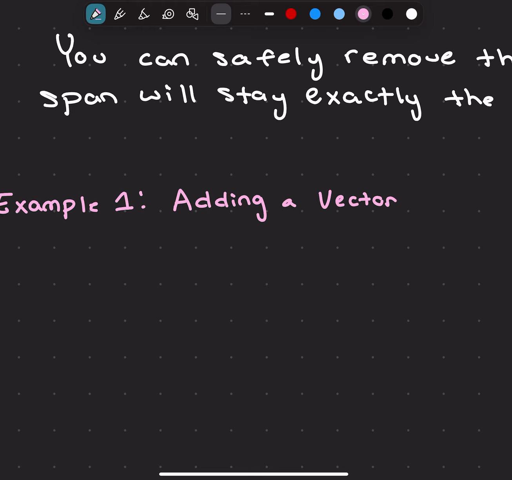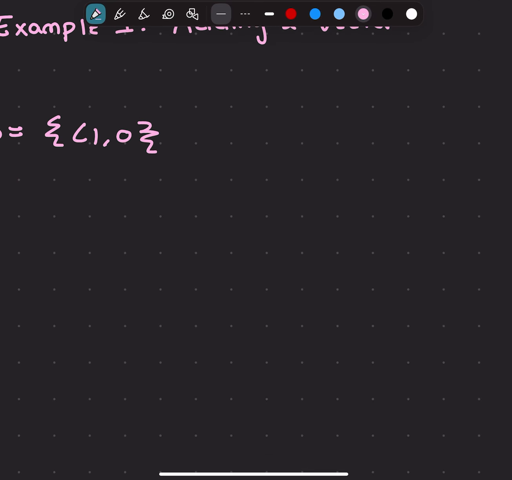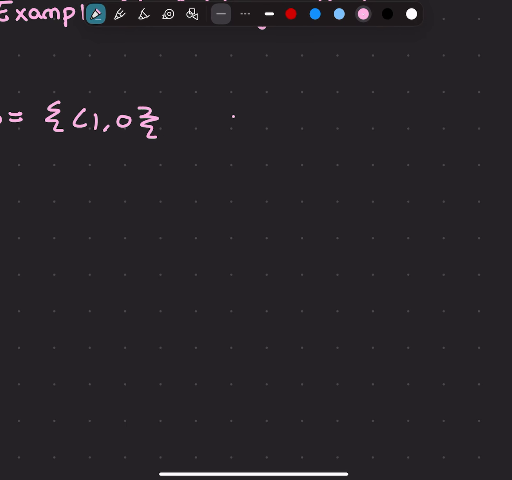Say we have a set S equals (1, 0), and we want to add vector v, which is (0, 1).